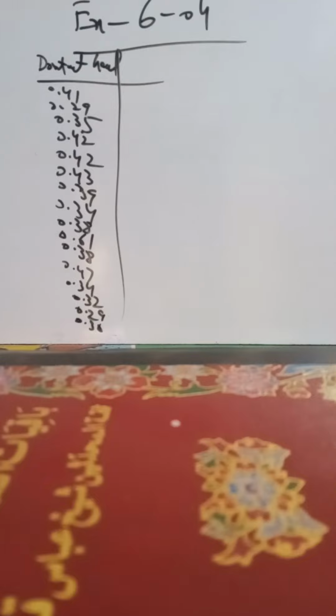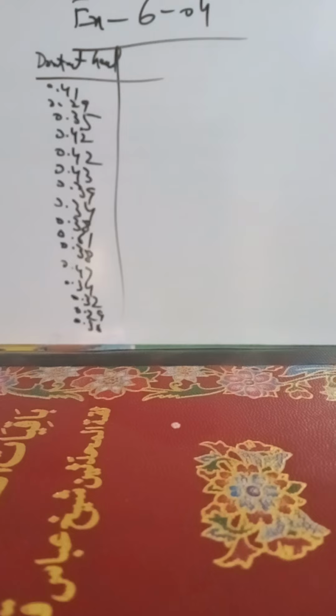I have 16 values out there, so I think quite a few values are missing. I am searching. After 0.39, I think here comes the 0.61, 0.38.